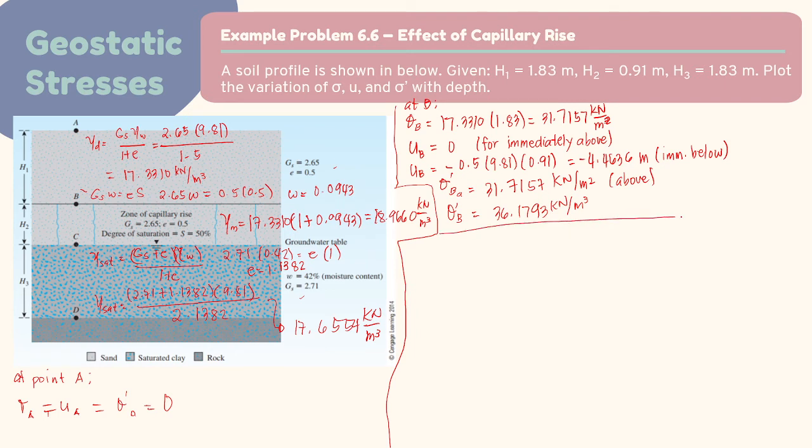So let's have point C. We have the total stress, sigma C, equal to 17.3310 times 1.83, plus the moist unit weight, which is 18.9660 times 0.91.